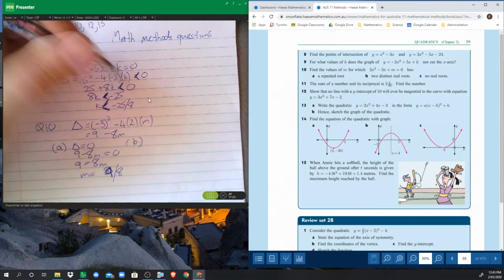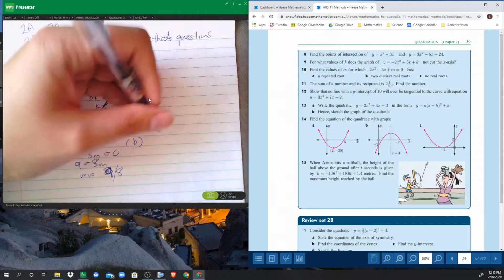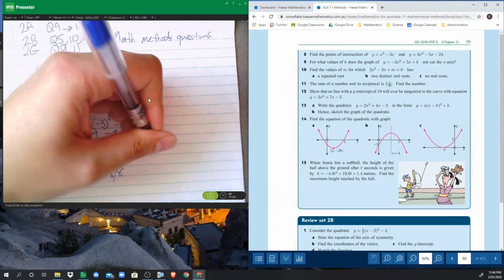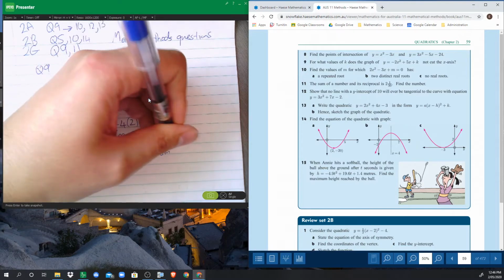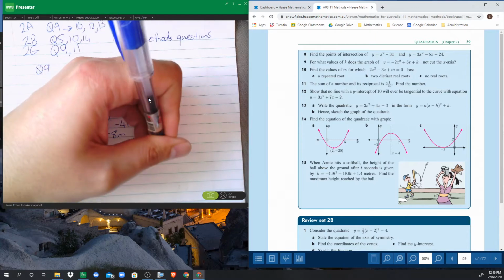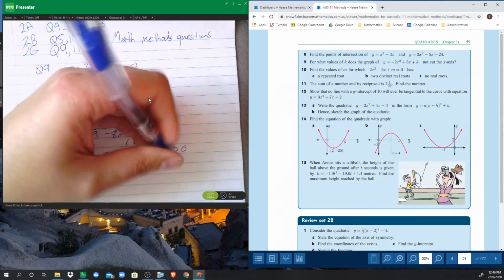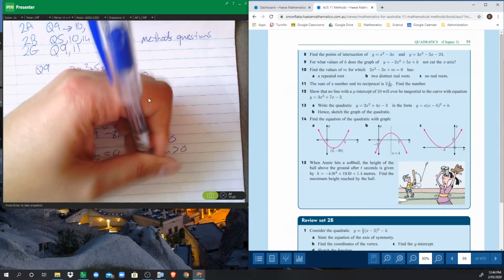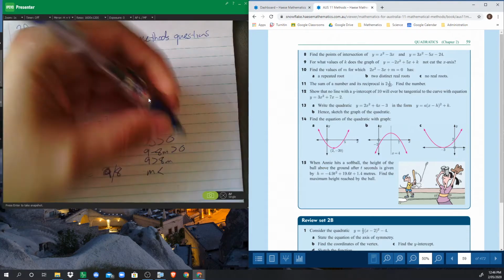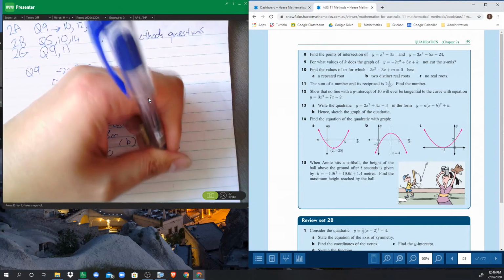B, all right, two distinct real roots is when it's greater than 0. So 9 minus 8m greater than 0. 9 is greater than 8m, and divide by that. Or essentially, if I switch the sides, I have to switch the direction. Just be careful with that. m is less than 9 divided by 8.